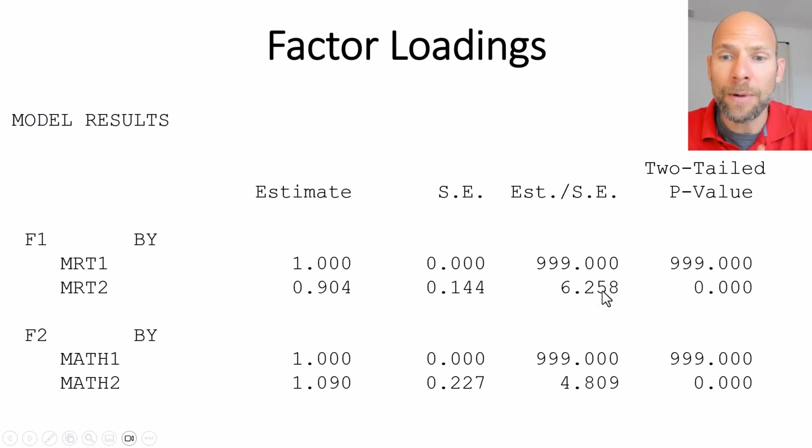Now, often when a loading is not significant, it indicates that you have a problem with your model, and often it has to do with a large standard error, which might indicate that the model is under-identified, or that the model is over-parameterized, or that there's some other problem with the model. So you want to look at the standard errors, and you want to make sure the standard errors are reasonable in size relative to the parameter estimate.